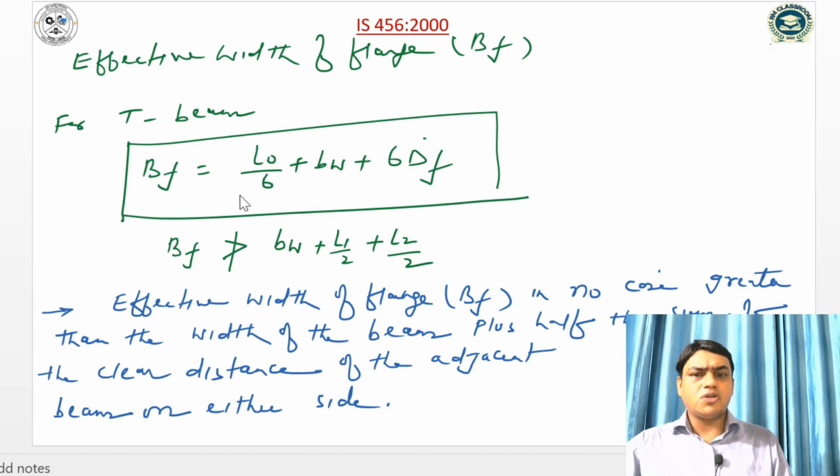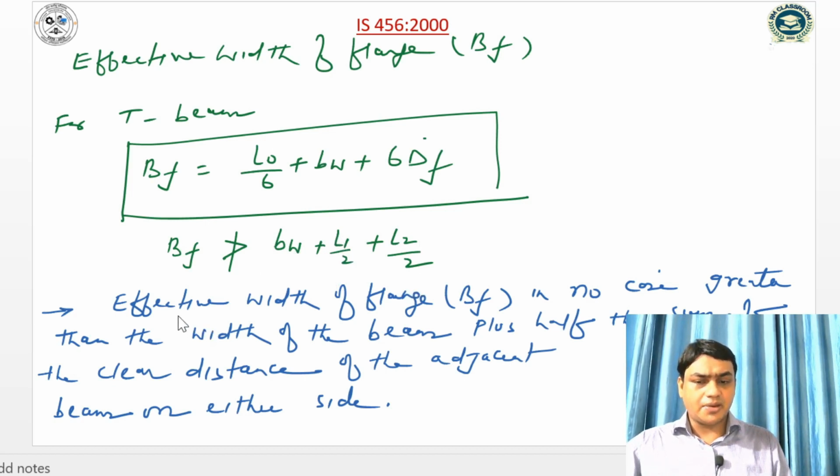And one thing we have to remember: this effective width of the flange can never exceed a maximum possible value, and beyond this we cannot take the effective width of flange. It will be limited to BW plus L1 by 2 plus L2 by 2.